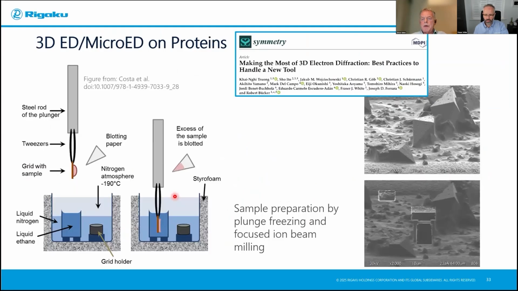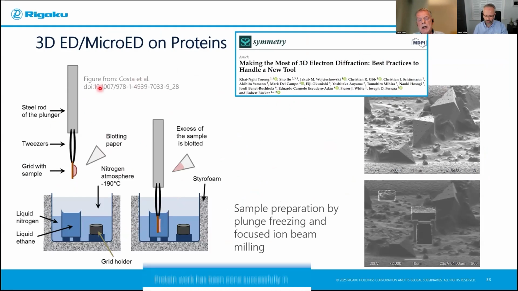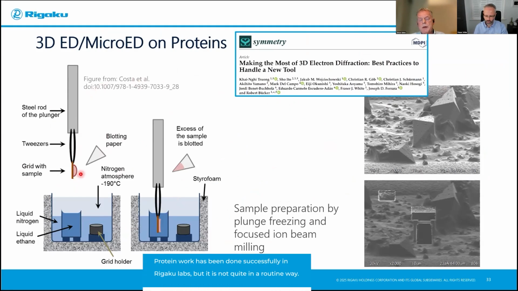And the last of the routine applications I'll show here is protein crystal structure determination. And again, I would have thought this would be impossible with electron diffraction. I don't work in this area at all, but some of my colleagues now do this routinely. And the way that the experimentation typically goes is they deposit the protein crystals in some mother liquor onto the grid.